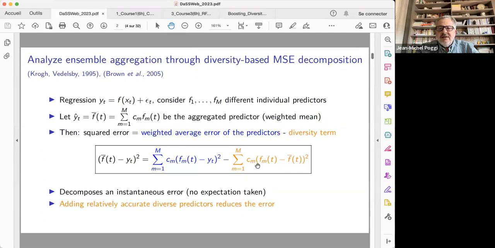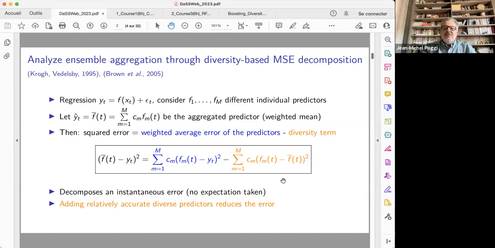That is the way in which each individual predictor differs from the aggregated one. It is large when the different f_m differ from the mean value. What is remarkable is that the error is the difference between two positive terms.